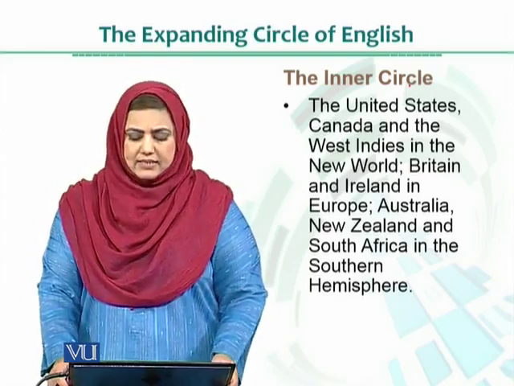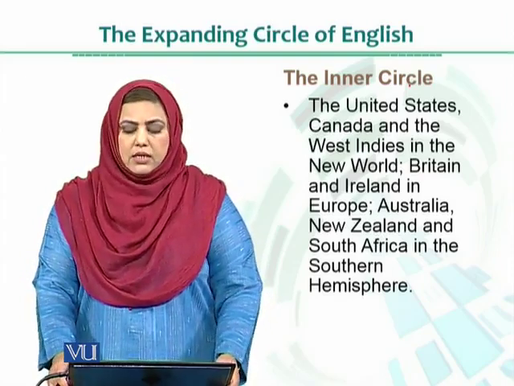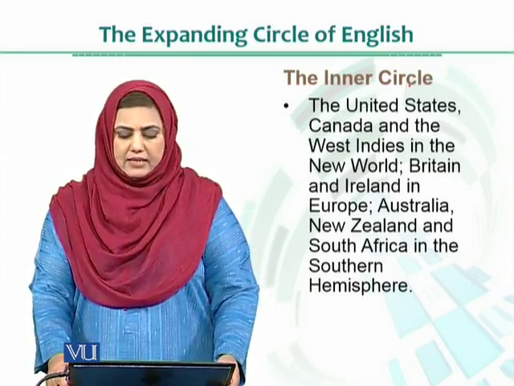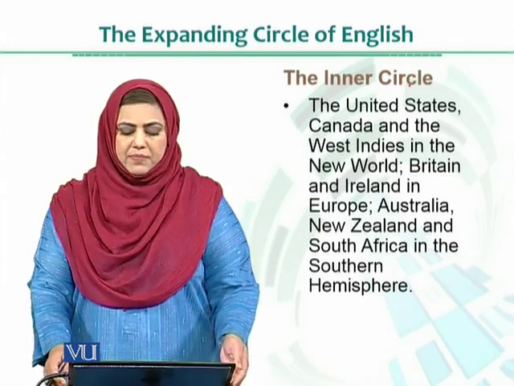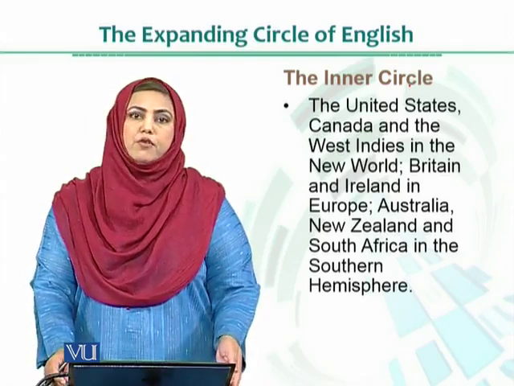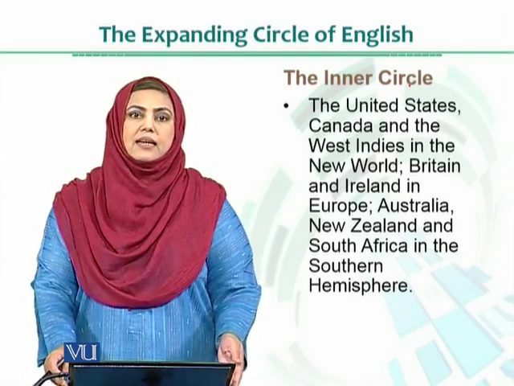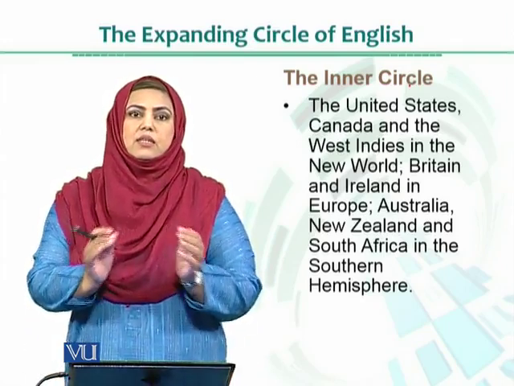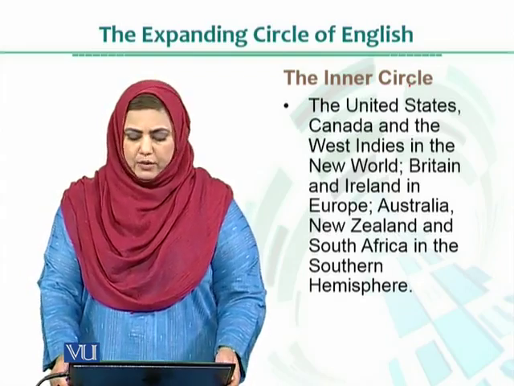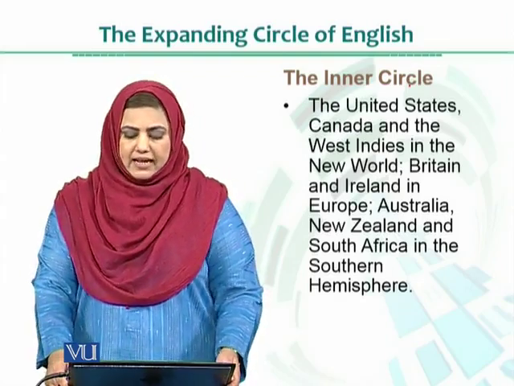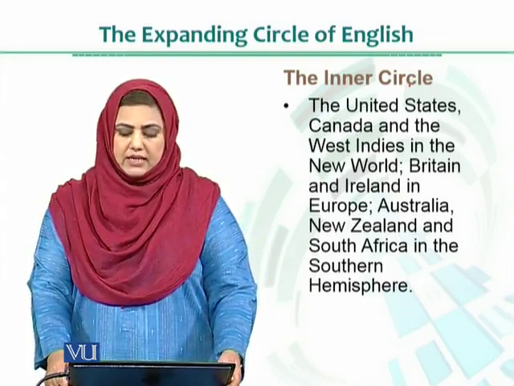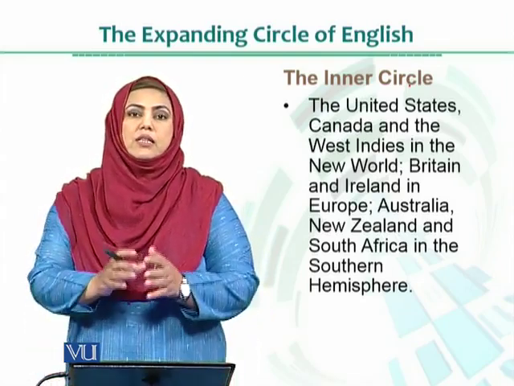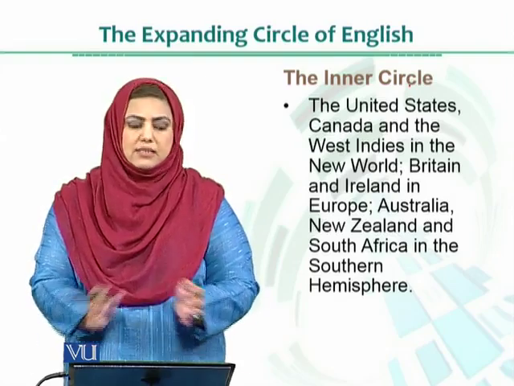Coming to the inner circle, according to Kachru, the United States of America, Canada, and the West Indies in the New World fall under the smallest circle, the inner circle, where English is used as a first language. Also, Britain and Ireland in Europe, and Australia, New Zealand, and South Africa in the southern hemisphere. These are all the countries that are included in this inner circle.